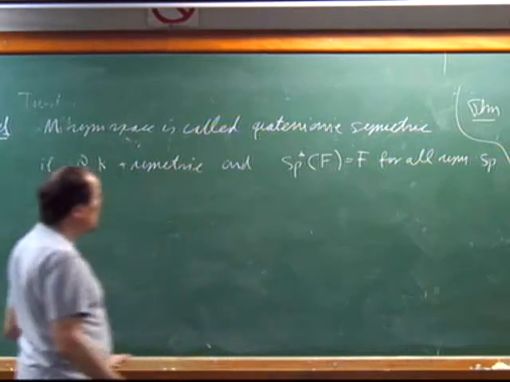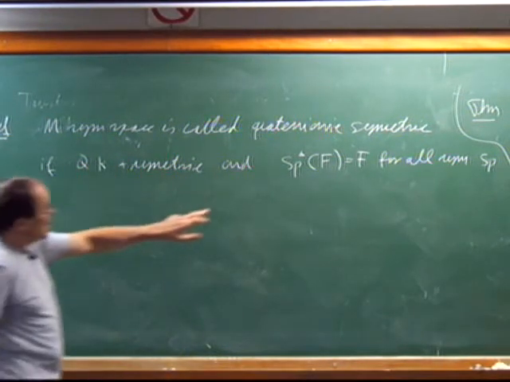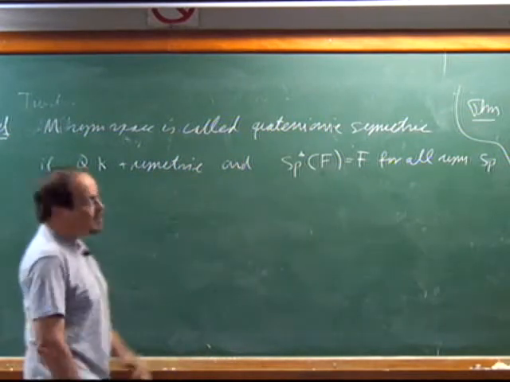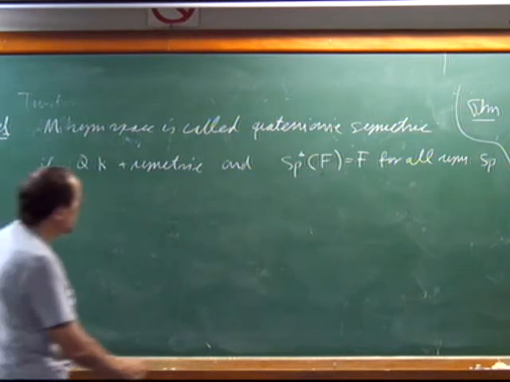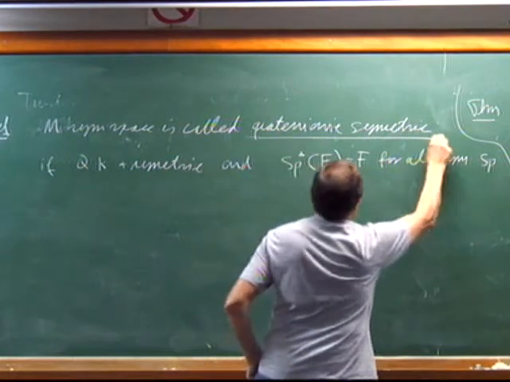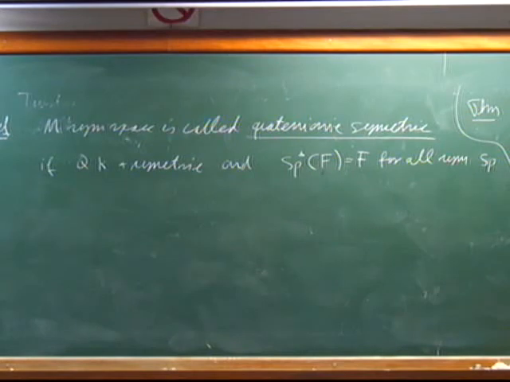So for all points p, I have an isometry s_p defined on the whole manifold. I can pull back my endomorphism bundle with that isometry, and I'm supposed to get the same bundle at different points. That's my compatibility, and I can call it quaternion symmetric. By definition, they are quaternion-Kähler. We can simplify the definition a little bit in a minute.